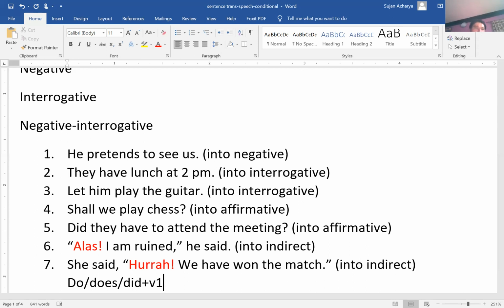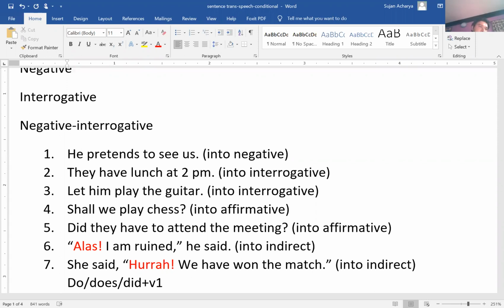Whenever we use do, does, did, whatever verb we use after do, does, did, whether followed by not or not, doesn't much concern, but we always use V1.